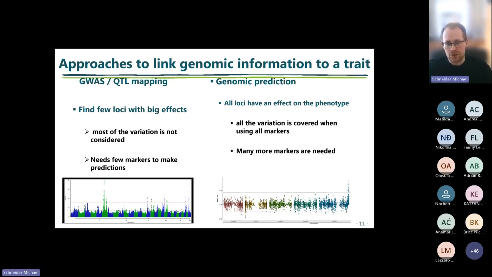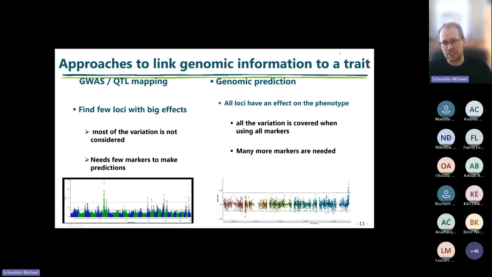In here, I want to showcase these two approaches. The one we heard already this morning about genome-wide association studies, or the QTL mapping, which is here related on plants that are highly related to each other, and here on a global panel. Here we find few loci with big effects.